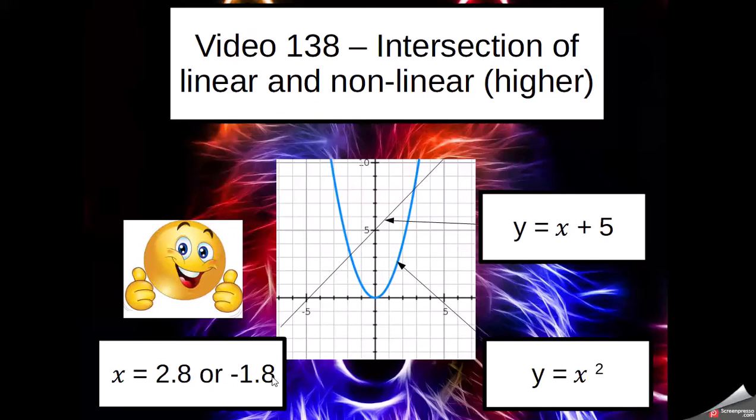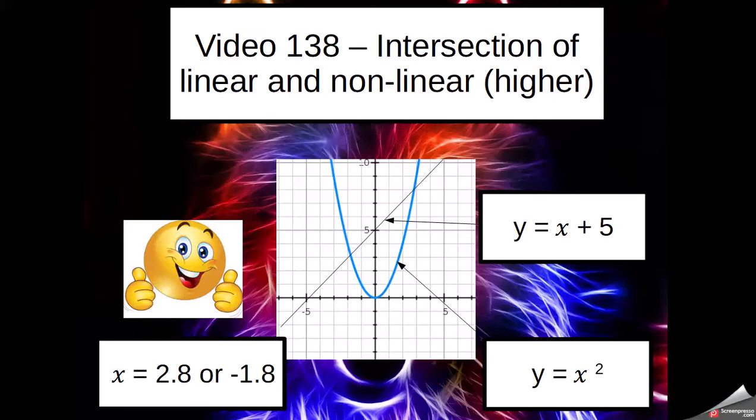So obviously 2.8 add 5 is 7.8, and 2.8 squared is 7.84, as this is just an approximation. And then minus 1.8 add 5 is 3.2, and minus 1.8 squared is 3.24.